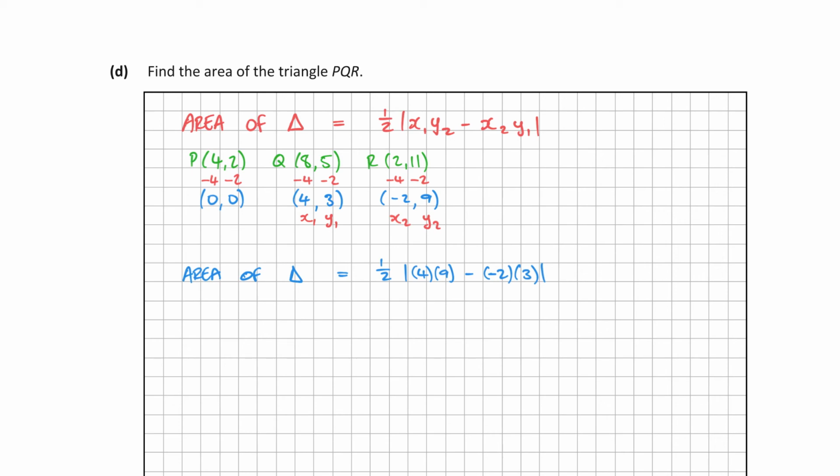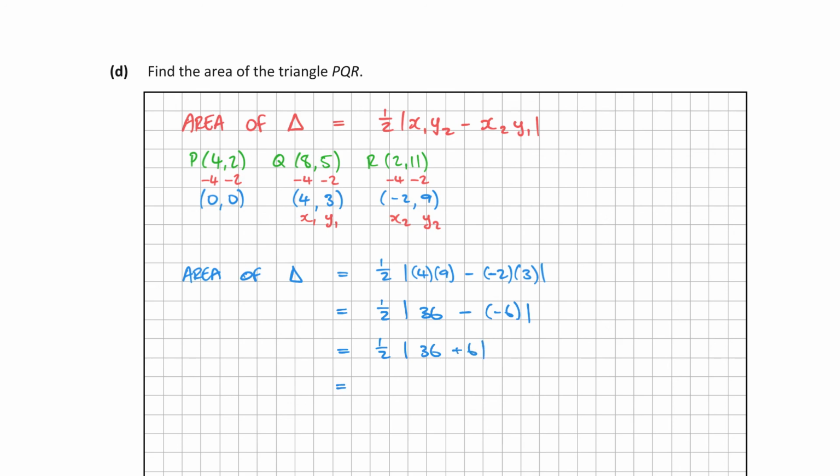Now we'll just tidy it up. So that turns into 1/2 of 9 times 4, which is going to give us 36. And here I'm going to have minus, and -2 times 3 will turn into -6. So that will turn into 1/2 of 36 plus 6.